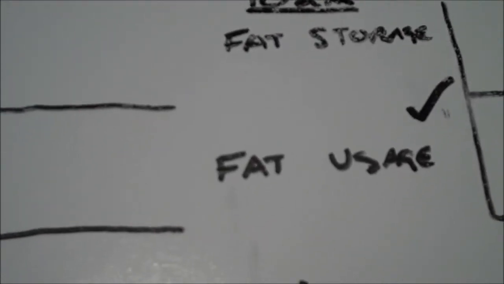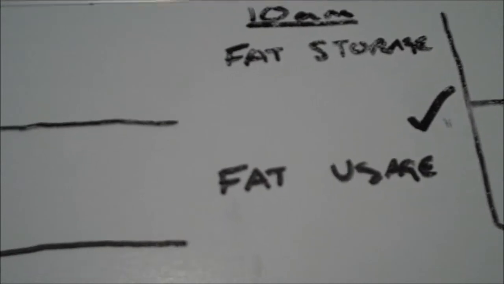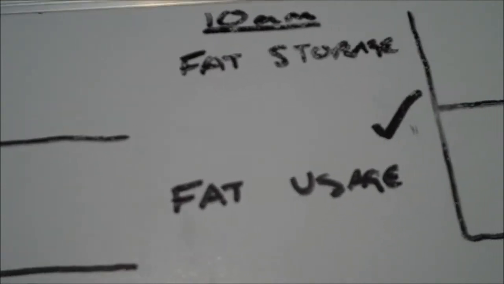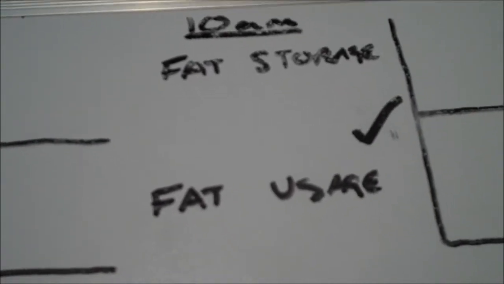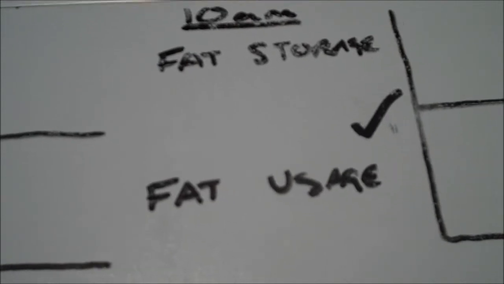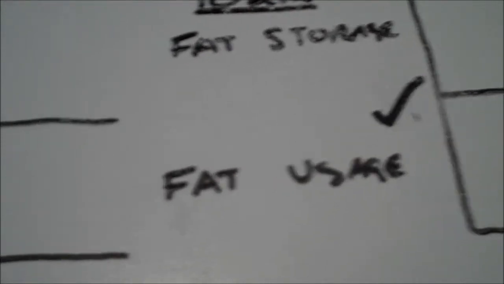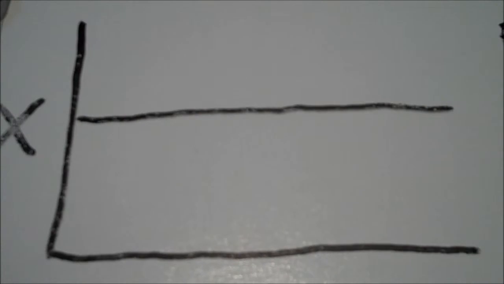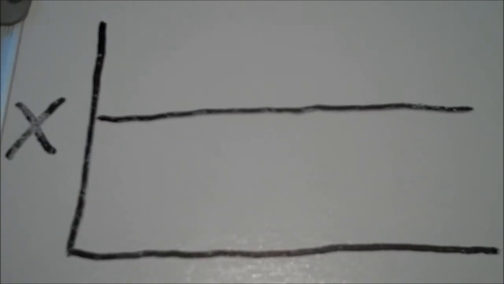If we're training at 10 a.m. at boot camp, then this is the best possible scenario we can put our bodies in, so that we can burn as much fat as possible and use it rather than store it, okay. So on this chart here, we're going to show you what not to do, and on this chart here, we're going to show you what to do. So we've got the crosses and the tick, okay.